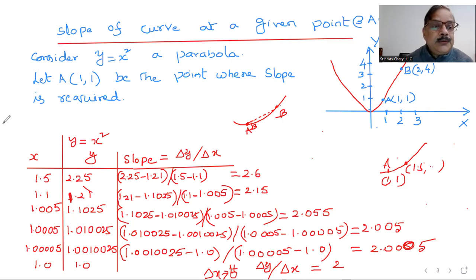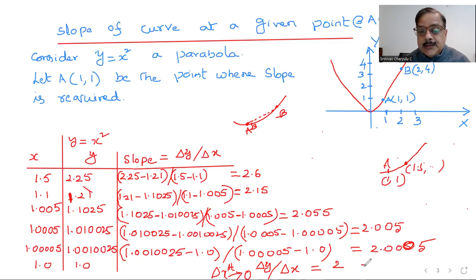Are you able to see here? So I'll write this point clearly. As the limit of delta x tends to 0, delta y by delta x is equal to 2.